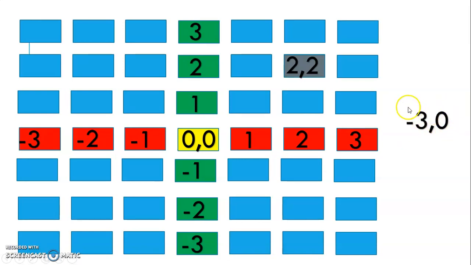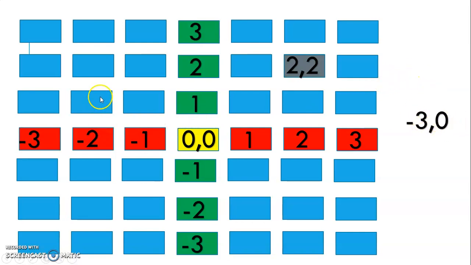So now let us look at a house number -3, 0. What does the first number say? It says the perpendicular distance from the green line. So -3 means 3 blocks to the left of the green line. So we go 1, 2, 3. So our house is somewhere in this column. Now the second number is 0.